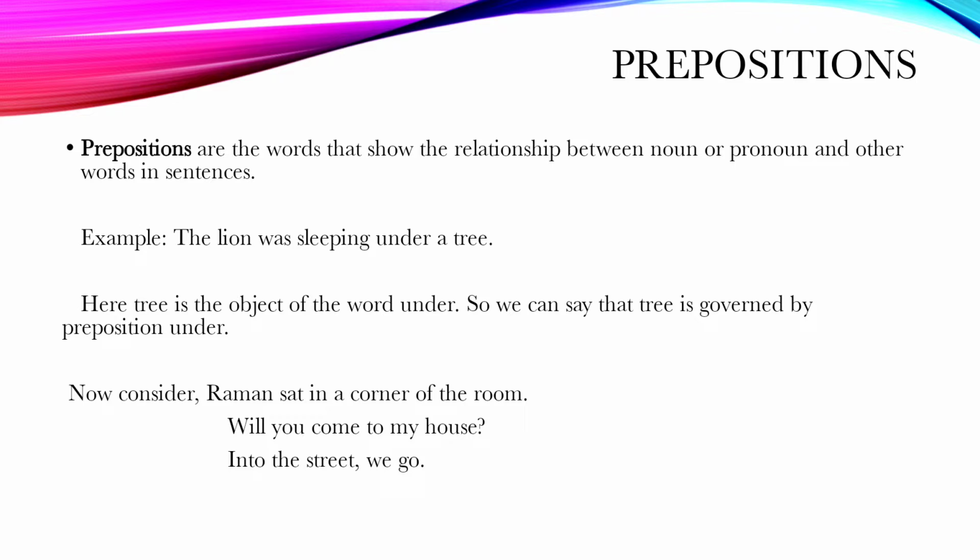Here, the word street is governed by the preposition into. Into the street. To where? To the street. Okay, so I hope now you have understood the 2 terms, prepositions as well as what is a governing word or an object. Which word is governed by the preposition.